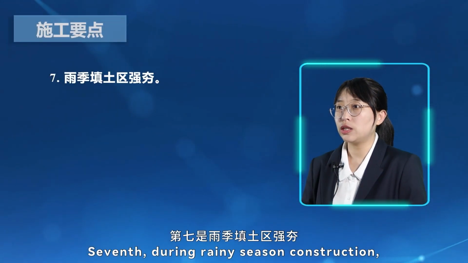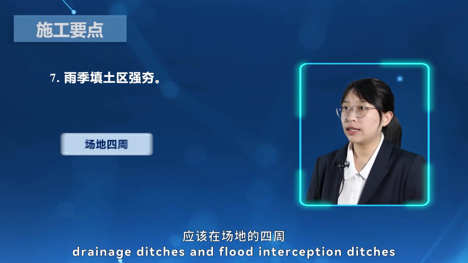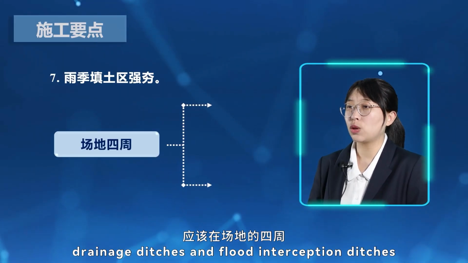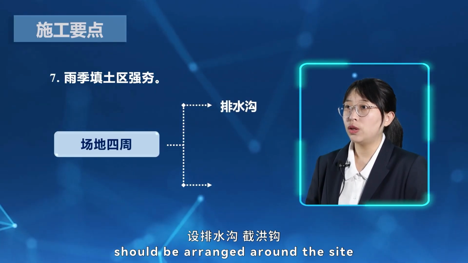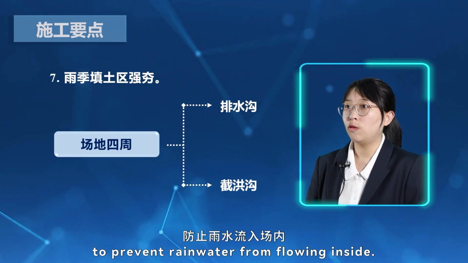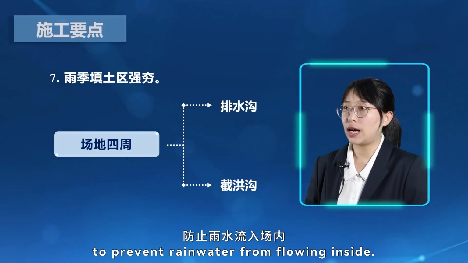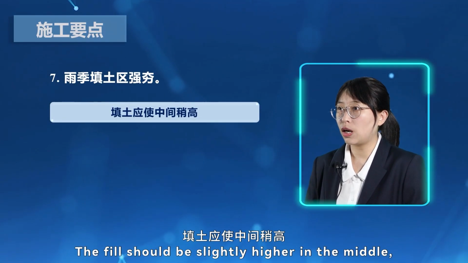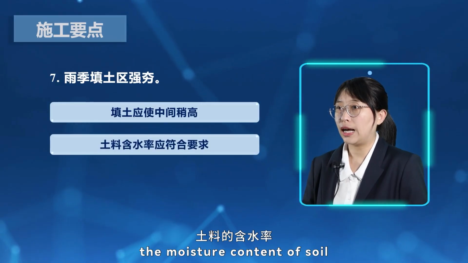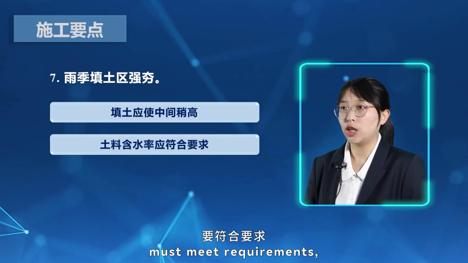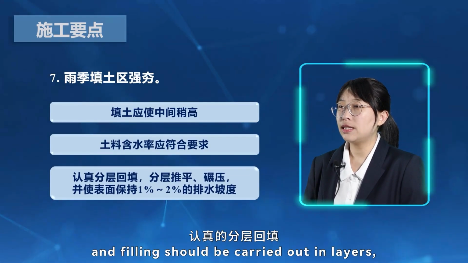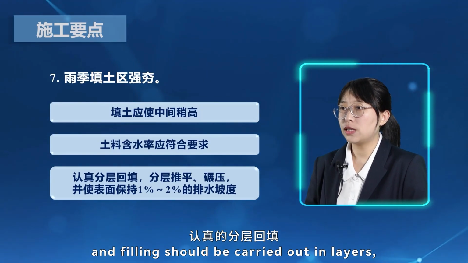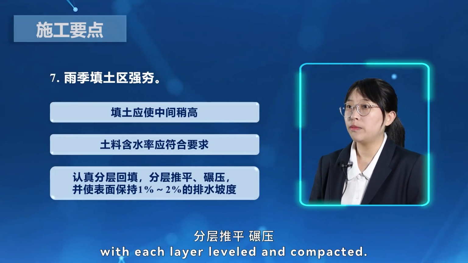7th, during rainy season construction, drainage ditches and flood interception ditches should be arranged around the site to prevent rainwater from flowing inside. The fill should be slightly higher in the middle. The moisture content of soil must meet requirements, and the filling should be carried out in layers, with each layer leveled and compacted.